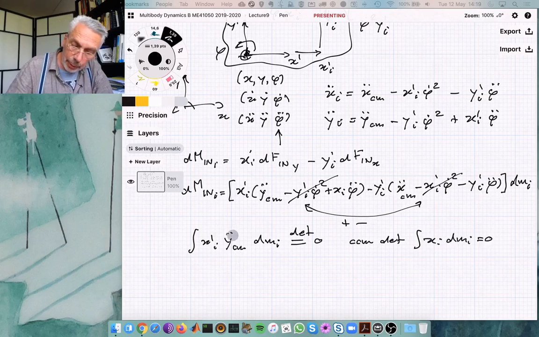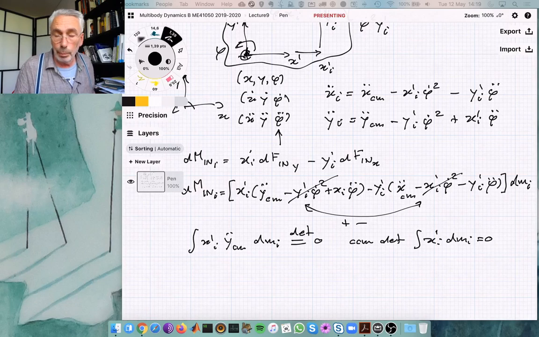Since we have only this constant acceleration here, you can pull that out of the integral and you remain with distance times mass. The distance times mass integrated over the body is 0 if x prime i is the distance with respect to the center of mass. So because of the center of mass definition, this is always 0.